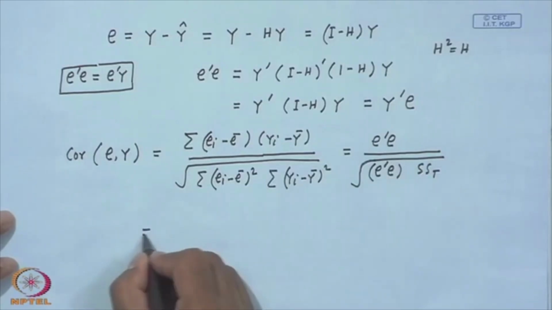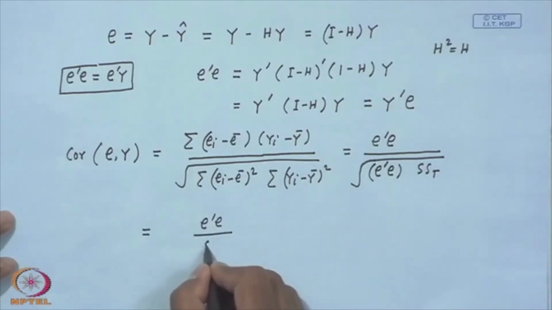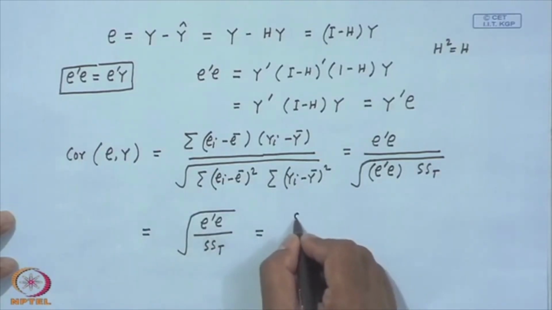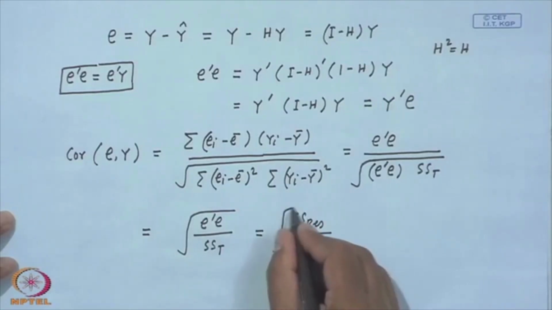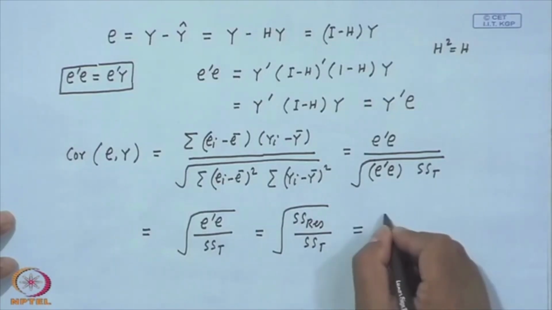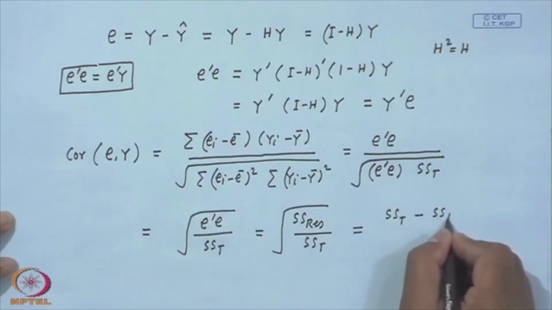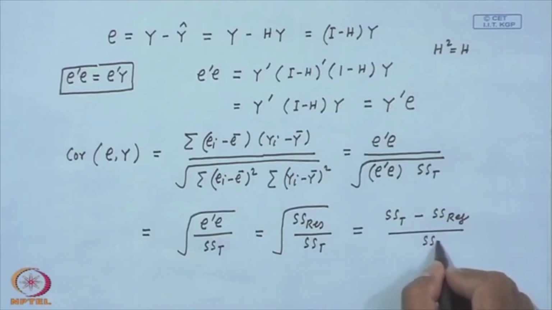Okay. So, this can be written as E prime E by SS total, square root, and E prime E is nothing but SS residual by SST, okay, and SS residual is nothing but SS total minus SS regression by SST.